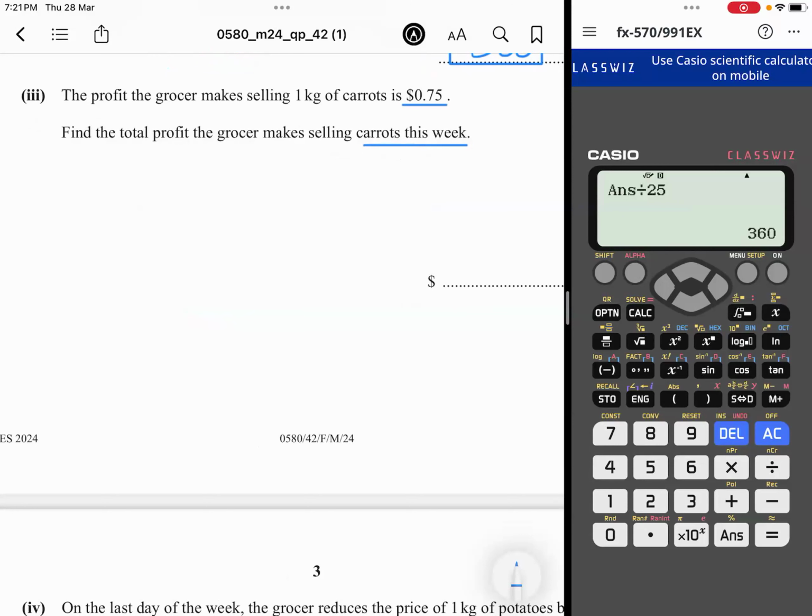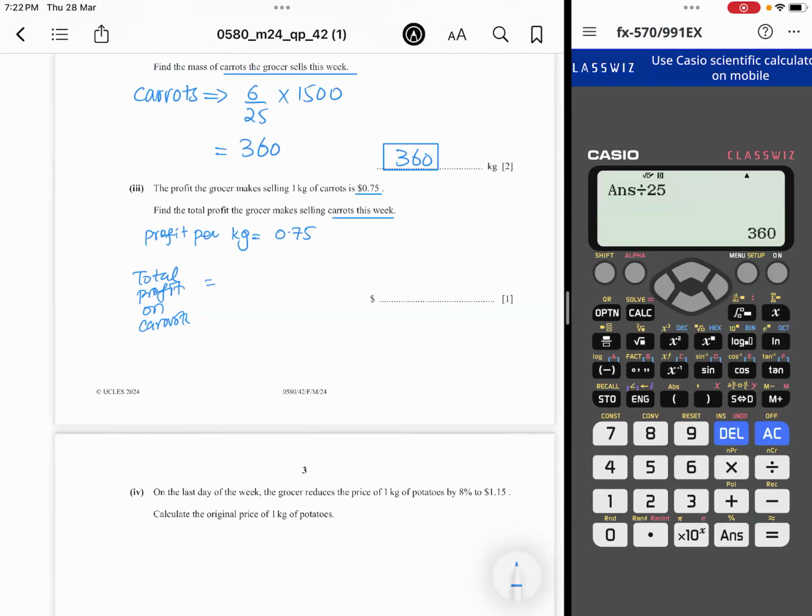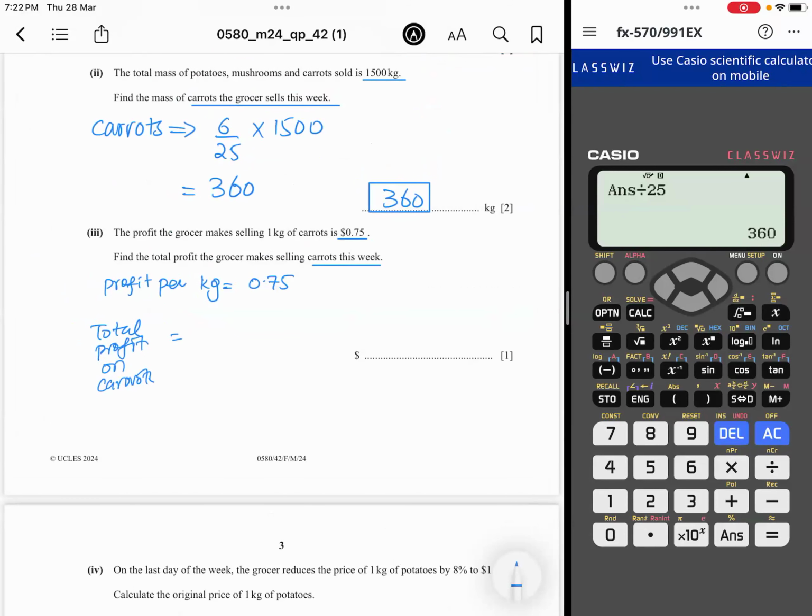So profit per kg is $0.75. The total profit on carrots: he sold 360 kg this week, so multiply by 0.75. He earned $270 as a profit.